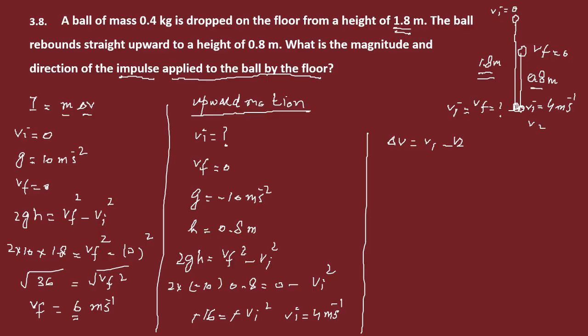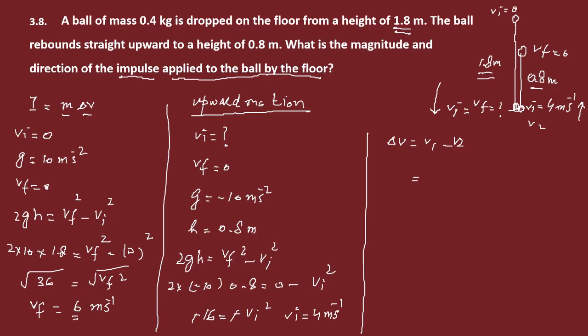If we take the downward motion as positive, then the upward motion will be considered as negative. Since velocity is a vector quantity, we also consider their signs.